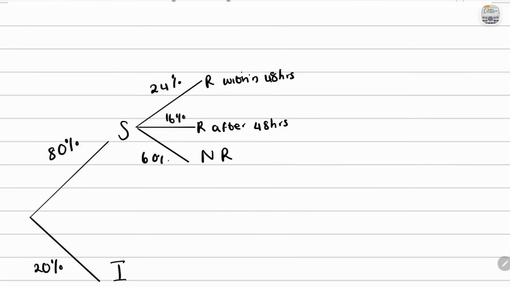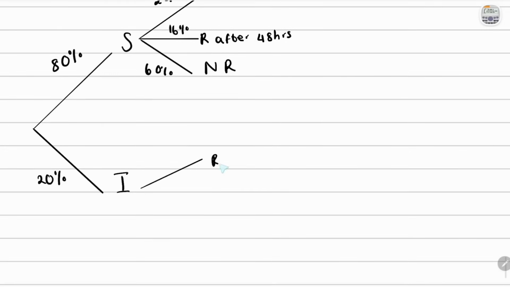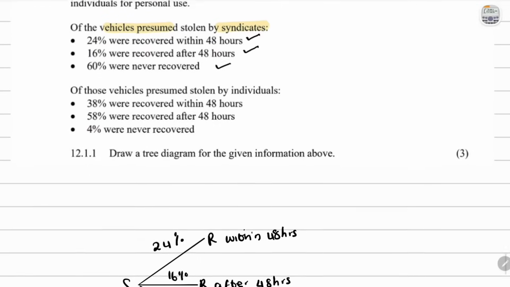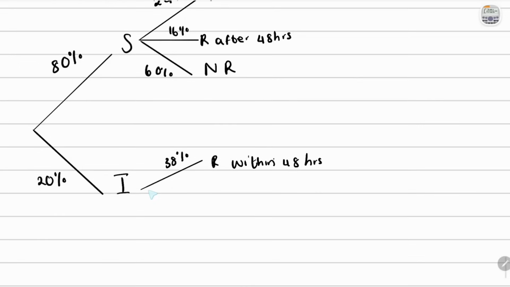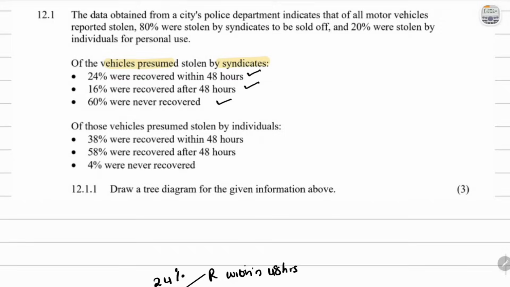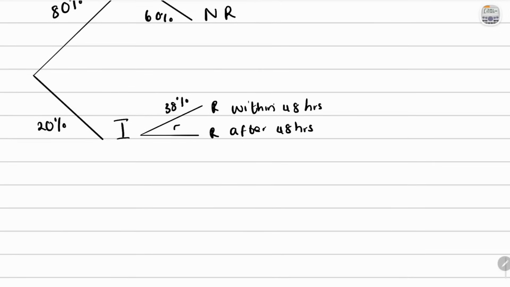And that is 60%. And then from the cars stolen by individuals, the ones that were recovered within 48 hours, that was 38%. And then recovered after 48 hours was 58%, and 4% were never recovered.